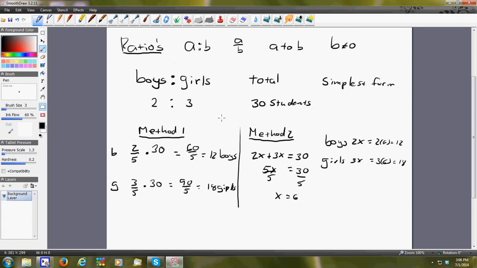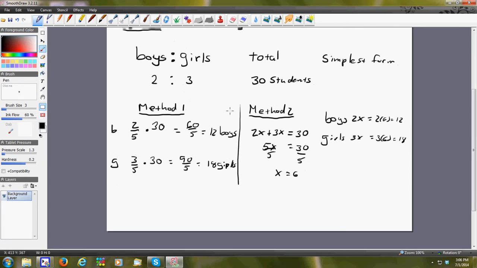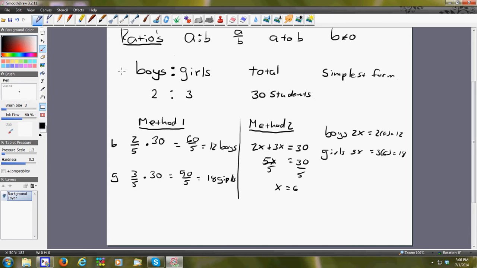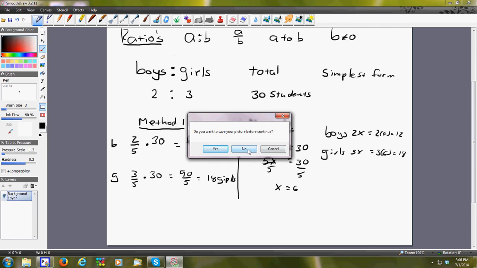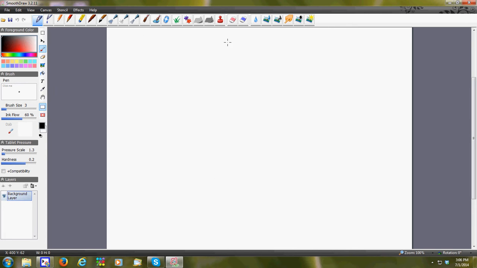Alright, so I'm going to pause there for a second. The reason why I like method 1, using the fraction, is because it has a very useful application, and the application here is with circles. There's 360 degrees in a circle.